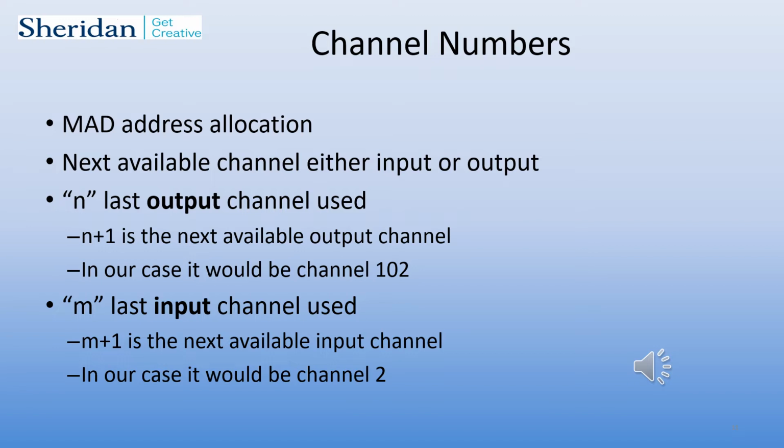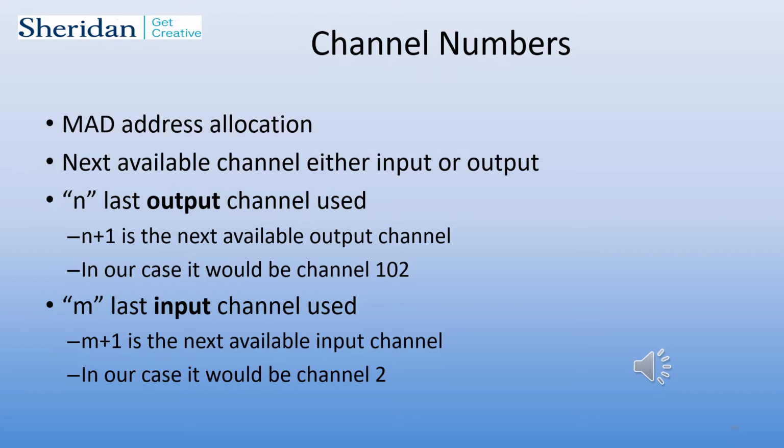Let's take a look at channel numbers for the MAD42. The MAD42 will take over the next available channels on the CP1L. The manual says, let's say that N is the last output channel used. N plus 1 is the next available channel. In our case, where our last channel used was 101, the next available output channel will be 102.